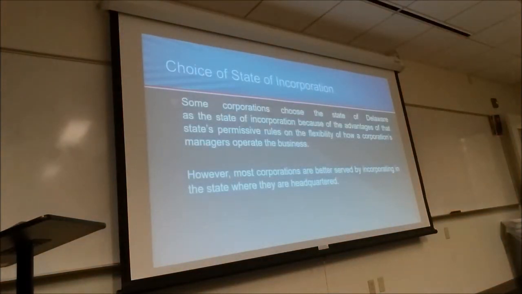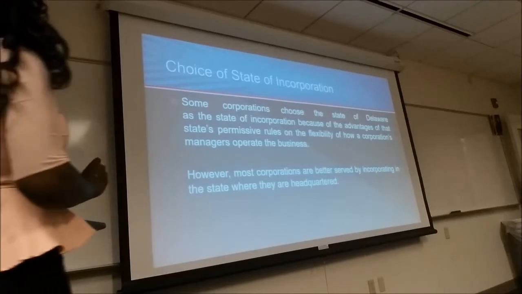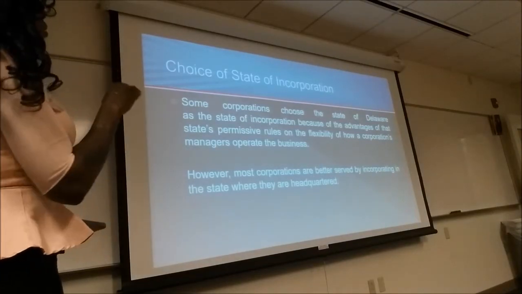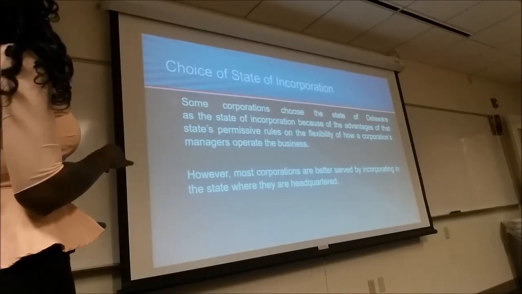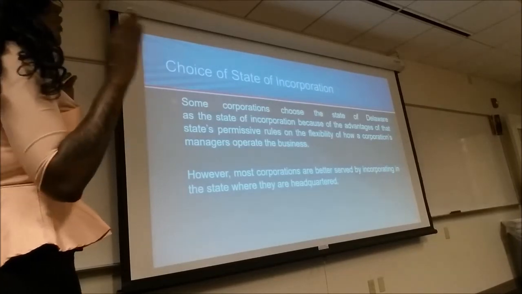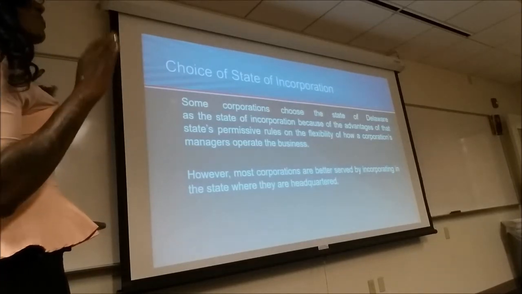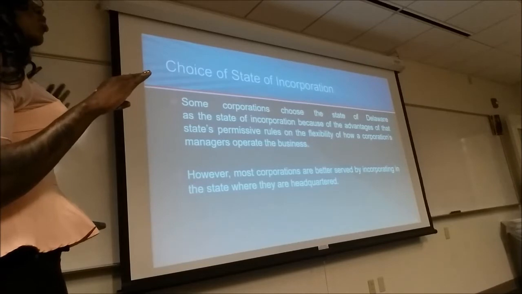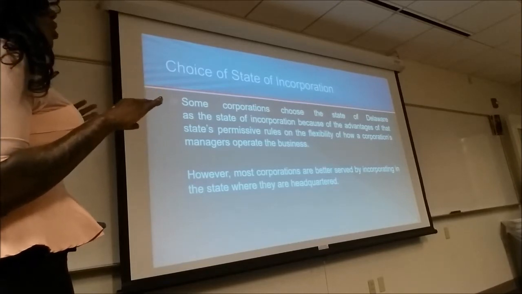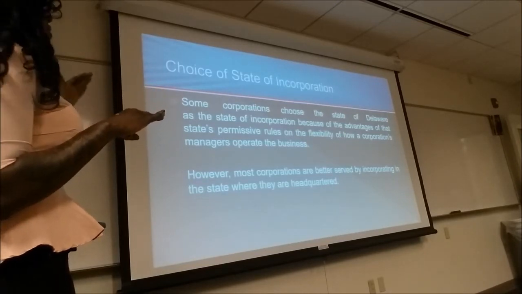And then I want to stop here on this particular slide because your book talks about how some corporations choose the state of Delaware as a state of incorporation. You want to keep that in mind when you are deciding whether or not you want to incorporate a business.